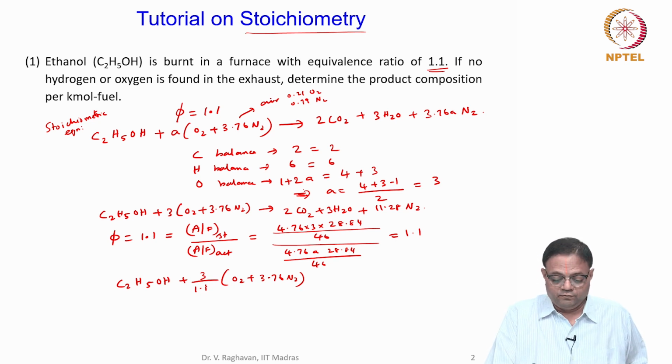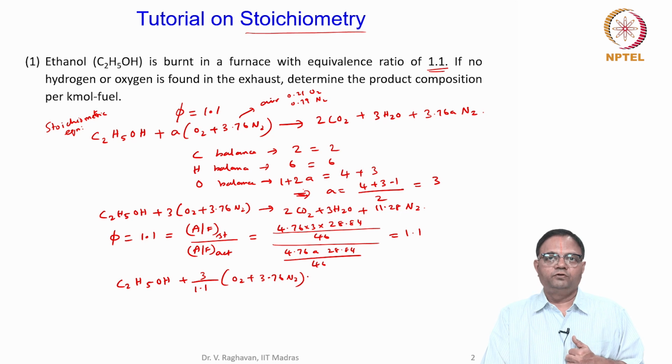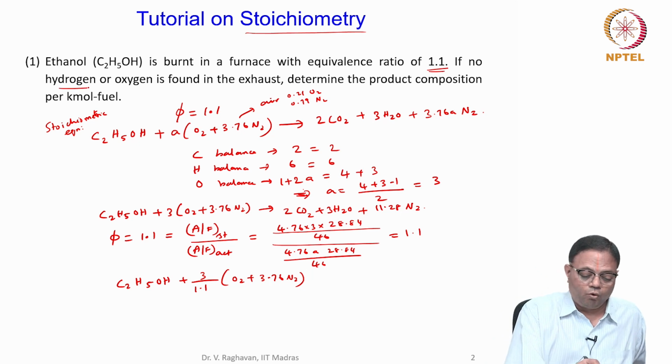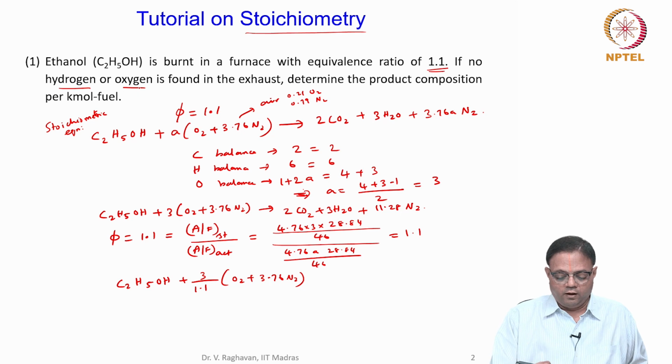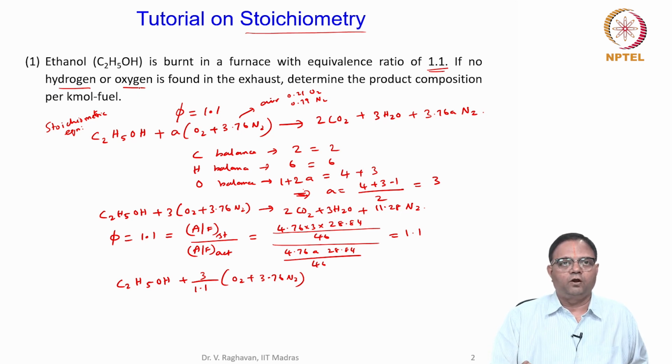That means I will convert only some amount of C to CO2, some amount will remain as CO itself. But in the problem it is given that no hydrogen or oxygen is found. Obviously, oxygen will not be found because it is rich. Maybe if temperature is very high, dissociation can occur, then oxygen can be there, but that is also ruled out here.